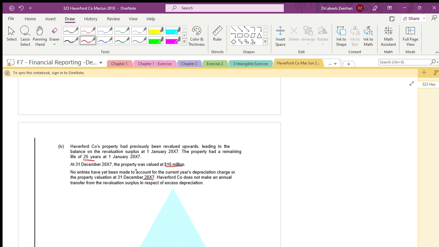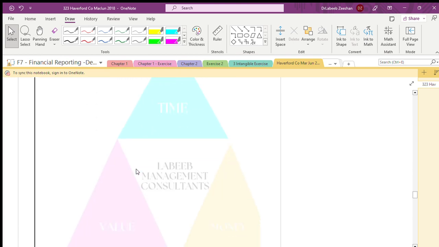No entries have yet been made to account for the current year depreciation, so we have to calculate current year depreciation. Haverford does not make an annual transfer for revaluation surplus in respect of excess depreciation. Thus they will not make any annual transfers if there is any excess depreciation.